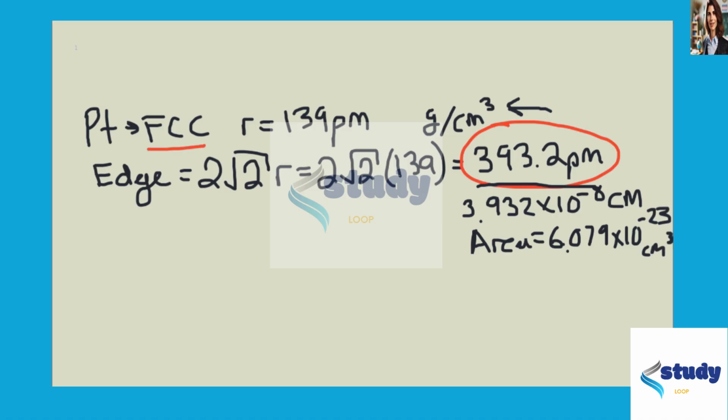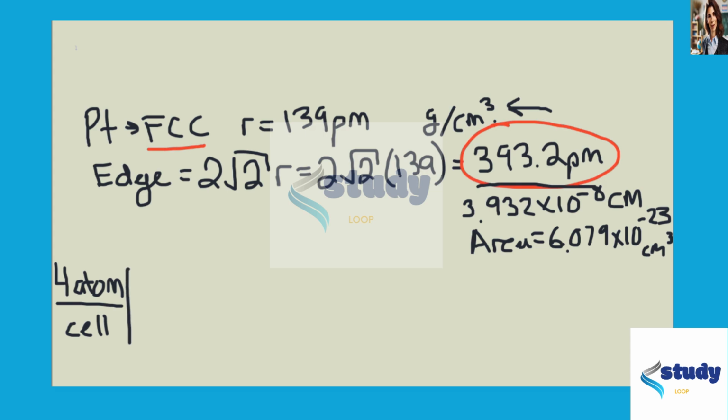We already have the conversion factor that's going to get us to having this denominator. The other thing that we know about this unit cell is because it's a face-centered cubic cell, there are going to be 4 platinum atoms per cell.